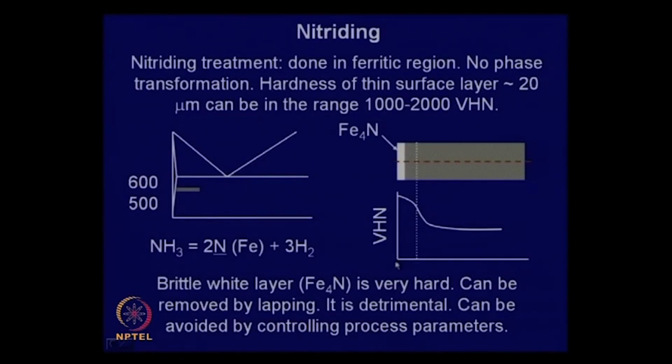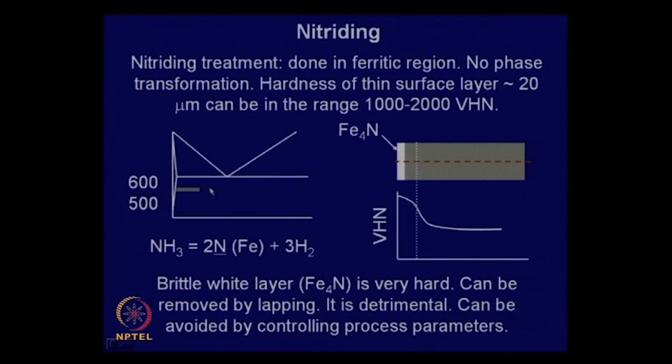Now, another important surface heat treatment is nitriding. You can allow nitrogen to diffuse into the system. The process is similar, and it is done with the job heated in a cracked ammonia environment, and the temperature is much lower than the lower critical temperature, maybe around 500 degrees.